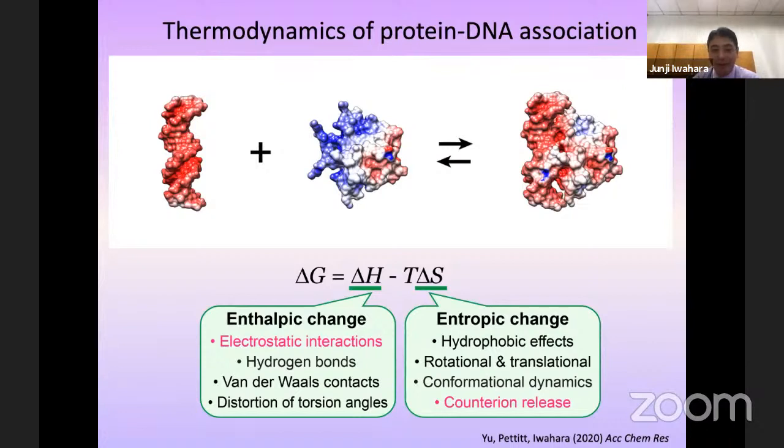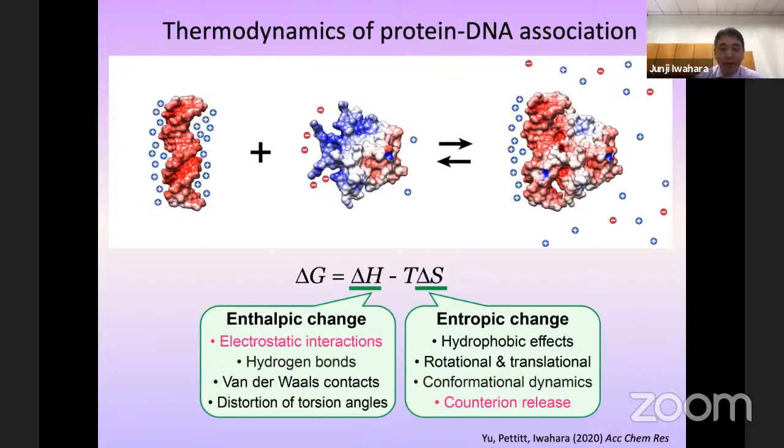Of course, the electrostatic interactions cause decrease in enthalpy, and also by counter-ion release, the electrostatic interactions also make the major contribution in entropic change, because when proteins bind to DNA, ions condensed around DNA are released.